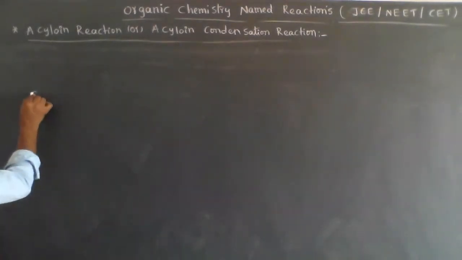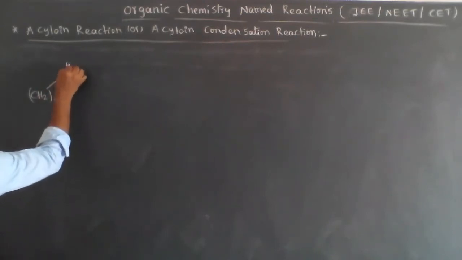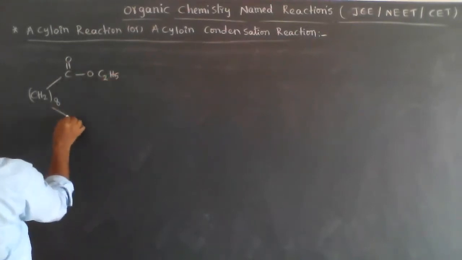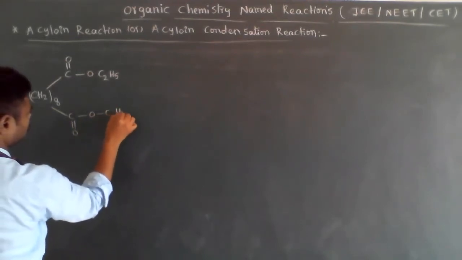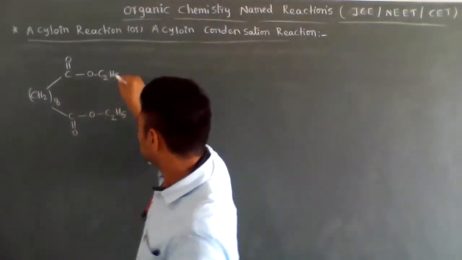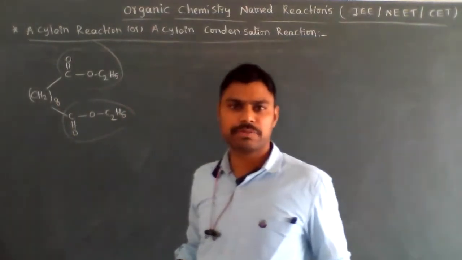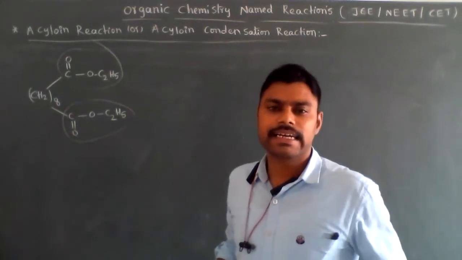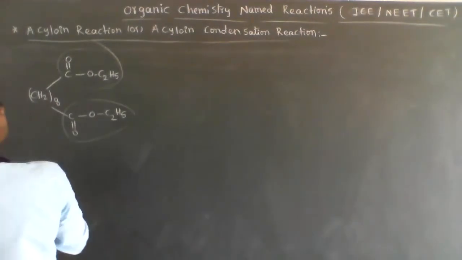For example, now the 2 ester functional groups: this is one ester and this is another ester. With 2 ester functional groups present in one molecule, it is involved in intramolecular acyloin condensation.